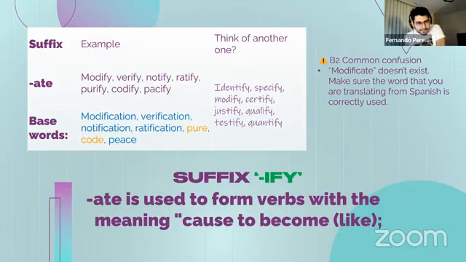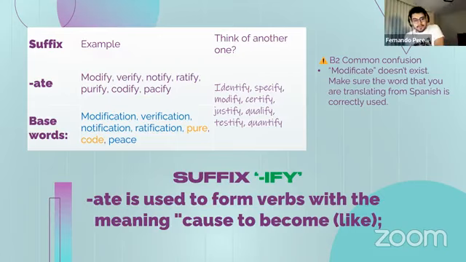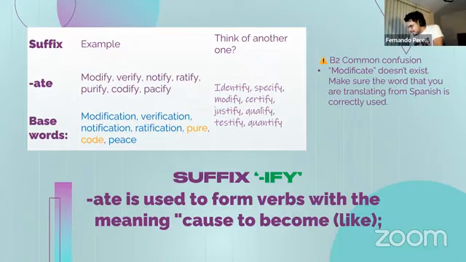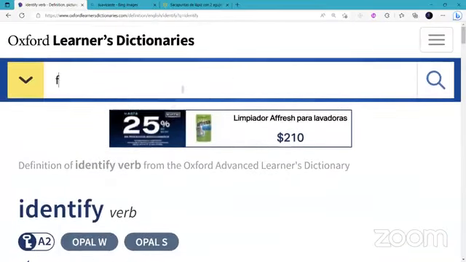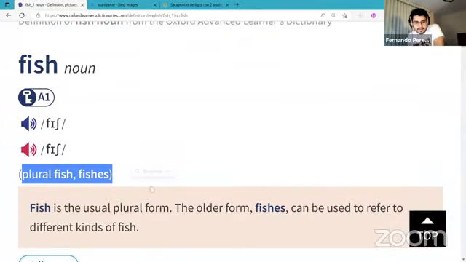I don't know why, but when you talk about fish and sheep, the plural is fish and sheep. You say one fish, two fish, three fish, four fish, especially when you're talking about the species. Fishes? No, fishes, no. I know it's so strange, but hashtag English. Fish, singular, and look at the plural. It's both.